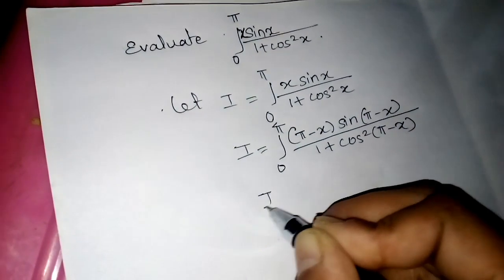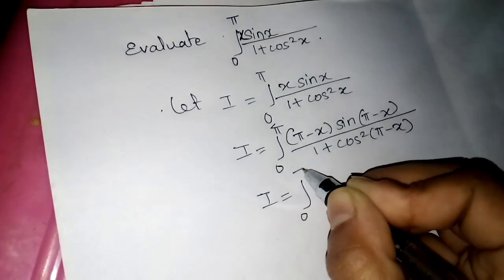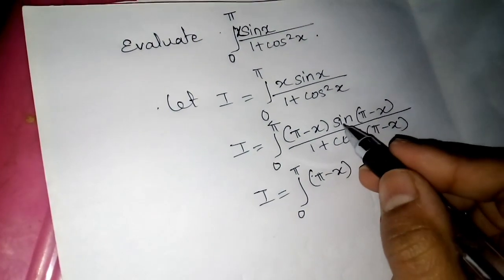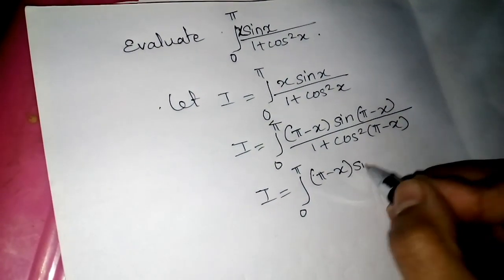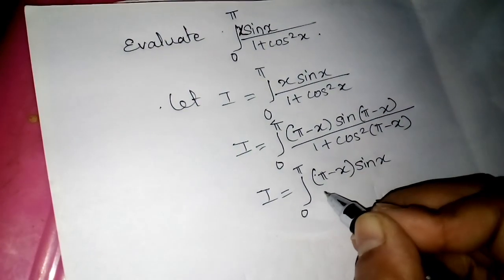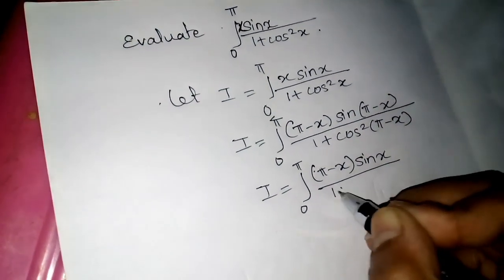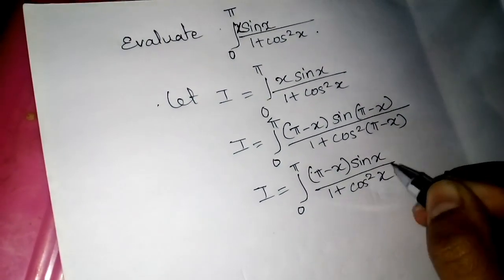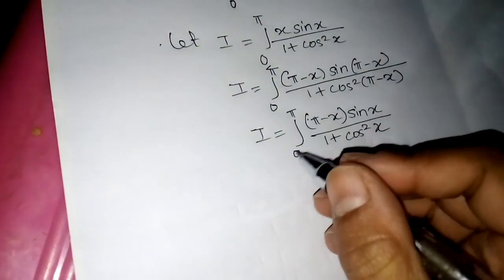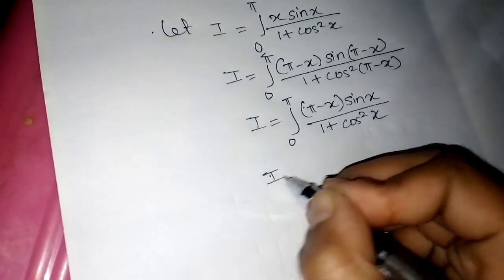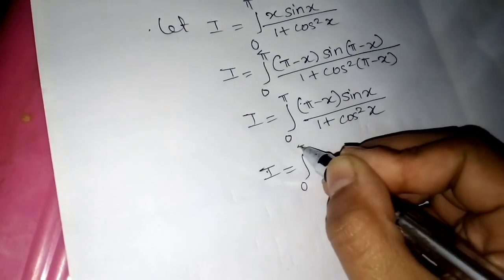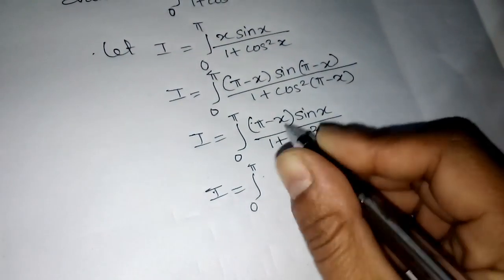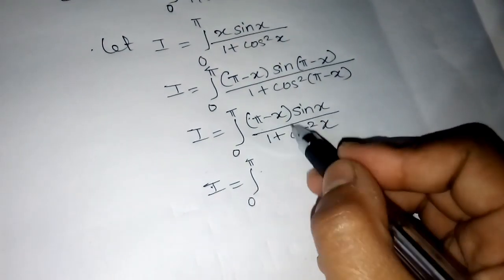After that, I equals the integral from 0 to pi of pi minus x, and sin of pi minus x is nothing but sin x, upon 1 plus cos square of pi minus x, which is cos square x. After this, we multiply pi minus x first with pi along with the denominator term.